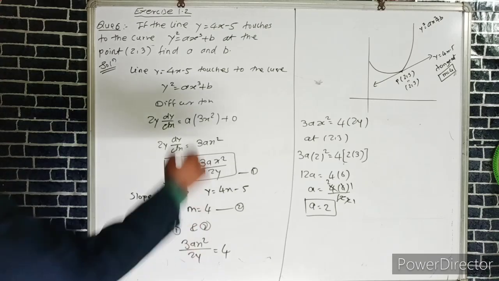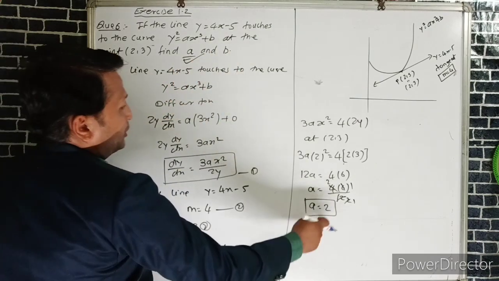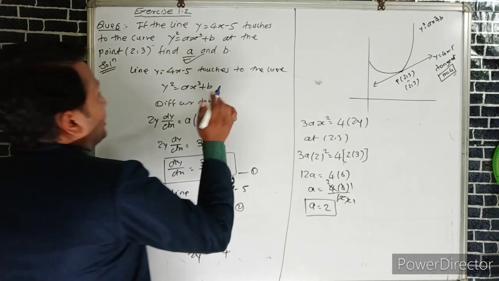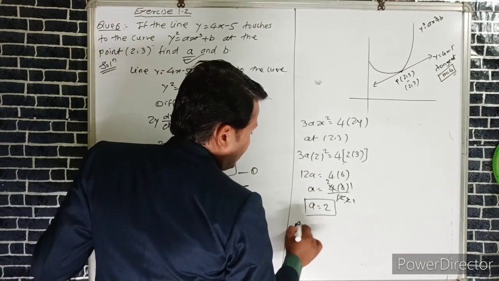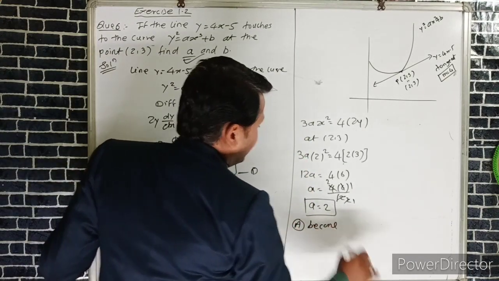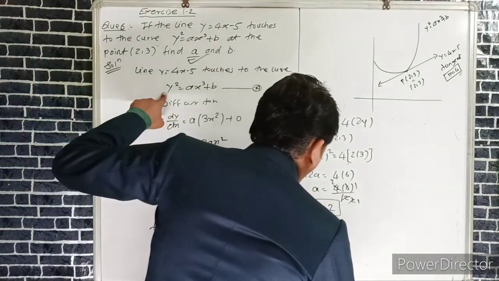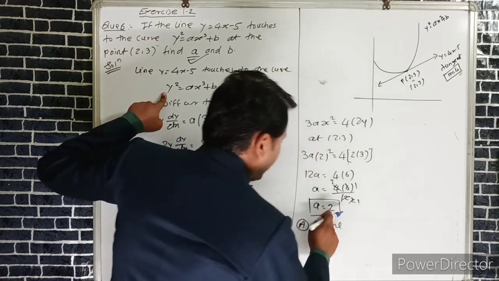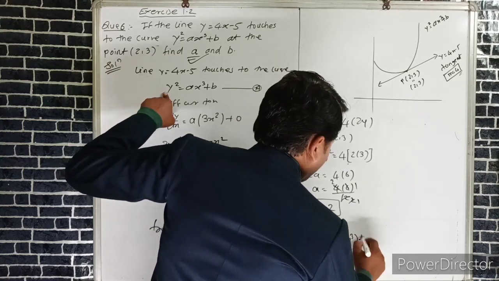Here we have to find the values of a and b. The value of a is 2, so again we have to find the value of b. If we take the equation of the curve, y² = ax³ + b, with a = 2, it is y² = 2x³ + b.